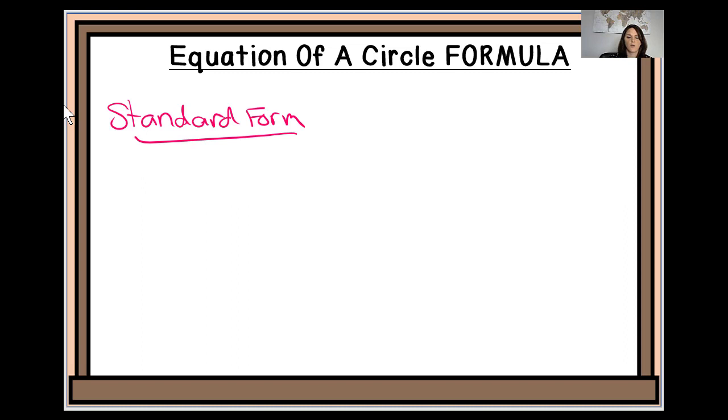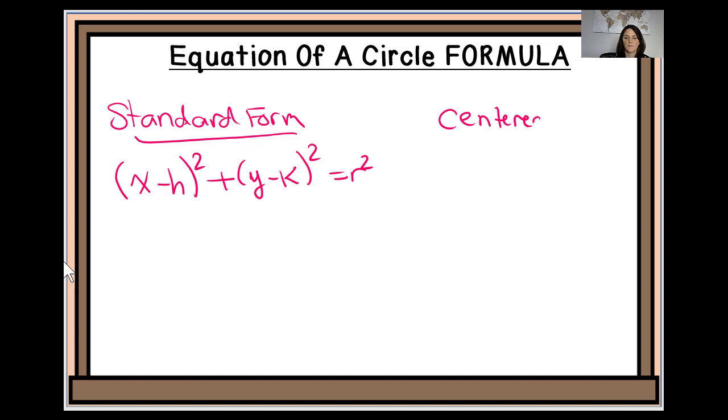So the standard form of an equation of a circle is as follows: x minus h squared plus y minus k squared is equal to r squared. When we have an equation centered at 0, we're going to sub in the point 0, 0, the origin, for the h and the k.